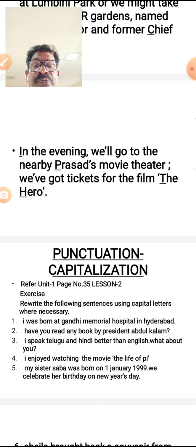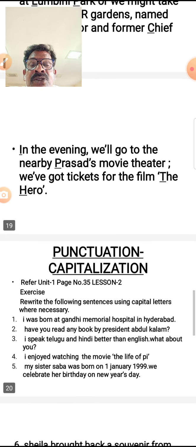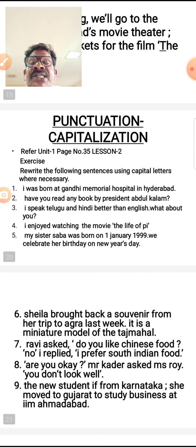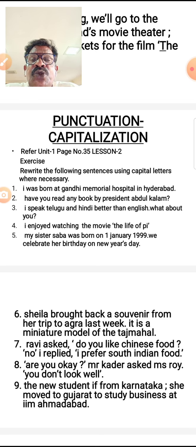And now on page number 35, lesson 2, some 14 sentences have been given to you. In fact, this is a kind of homework or exercise for you to deal with, but for your comfort, just have a look at these sentences, and then we'll go for answers.